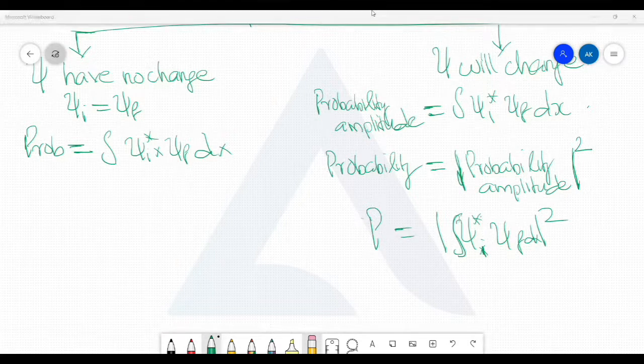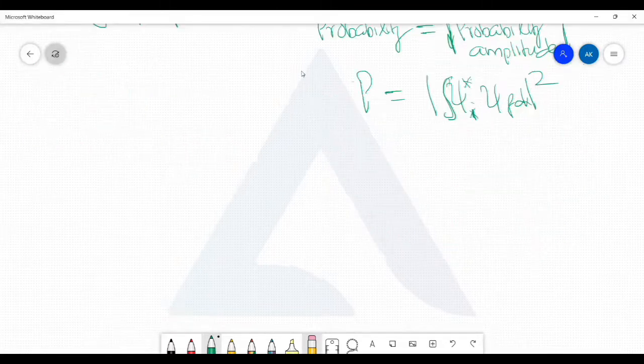Okay, you will get probability amplitude. Okay, this is a very interesting problem. Let me give you an example first.